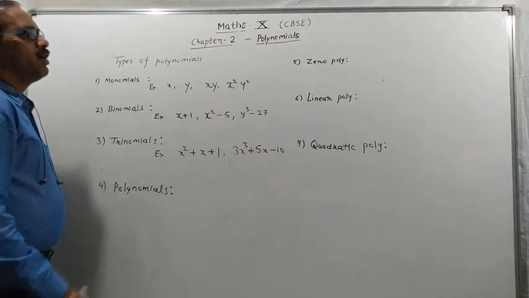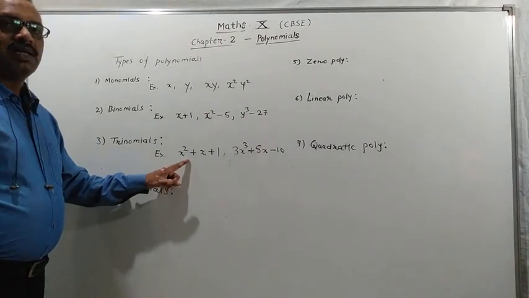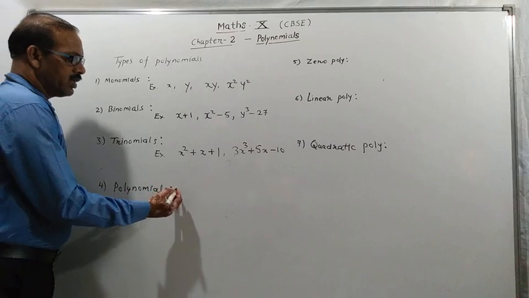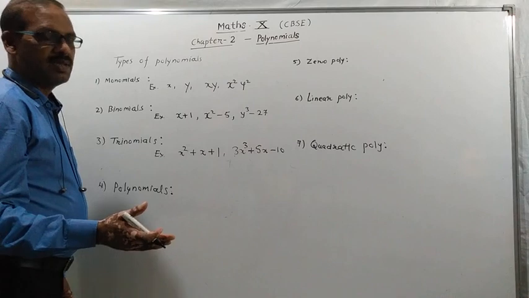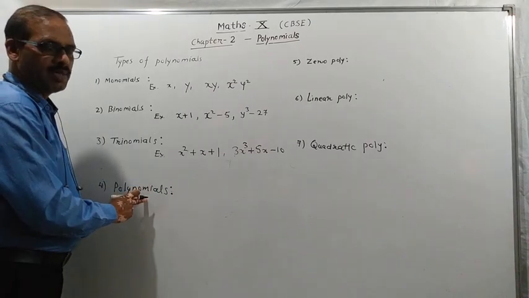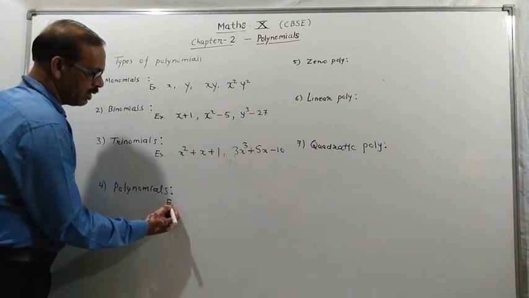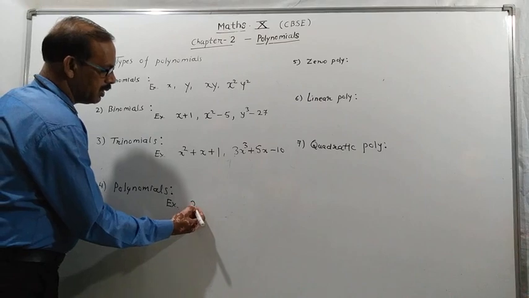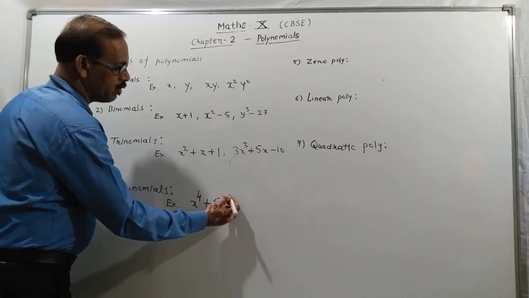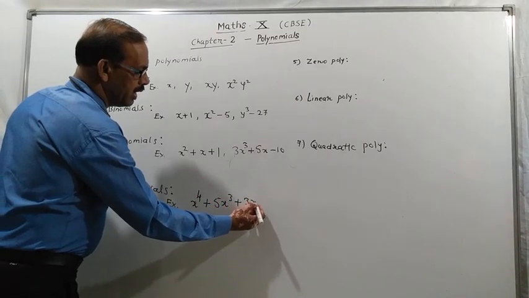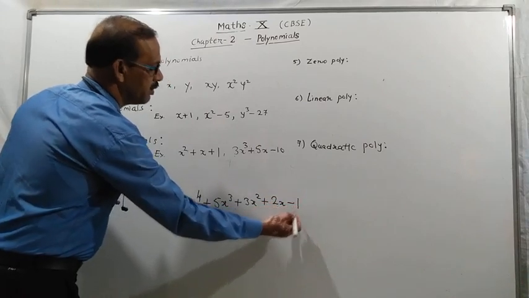Now what do we mean by polynomial? A polynomial means an expression containing more than three terms. Poly means more than three terms. An example of a polynomial is x raised to 4 plus 5x cube plus 3x square plus 2x minus 1.